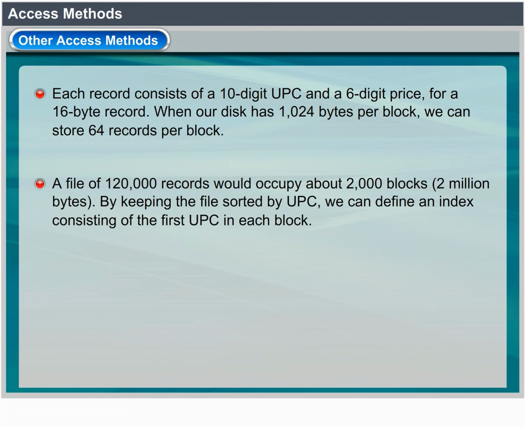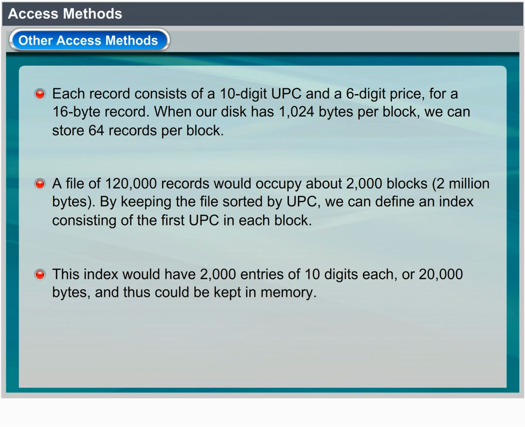A file of 120,000 records would occupy about 2,000 blocks, 2 million bytes. By keeping the file sorted by UPC, we can define an index consisting of the first UPC in each block. This index would have 2,000 entries of 10 digits each, or 20,000 bytes, and thus could be kept in memory.